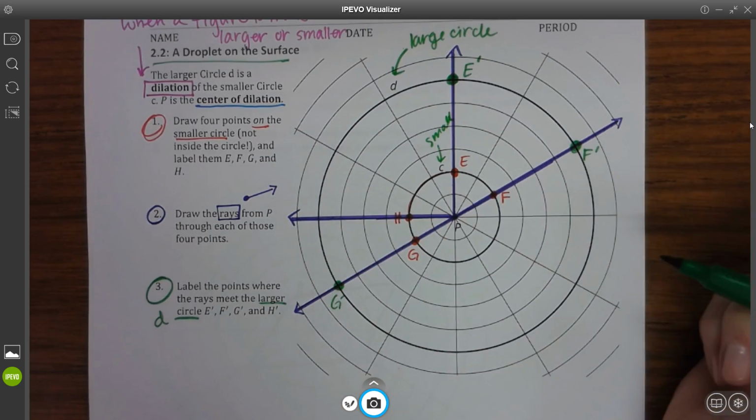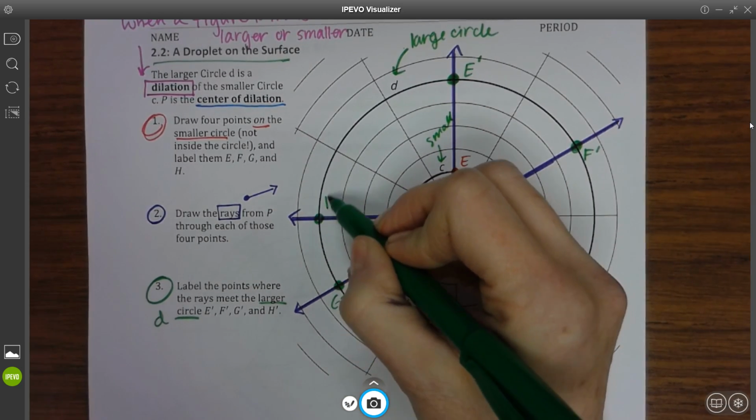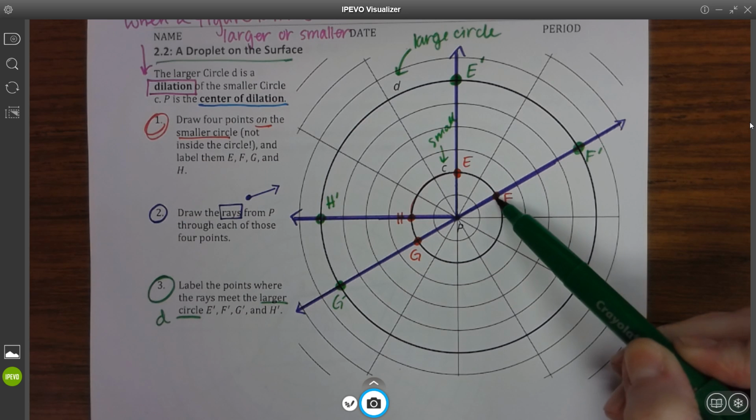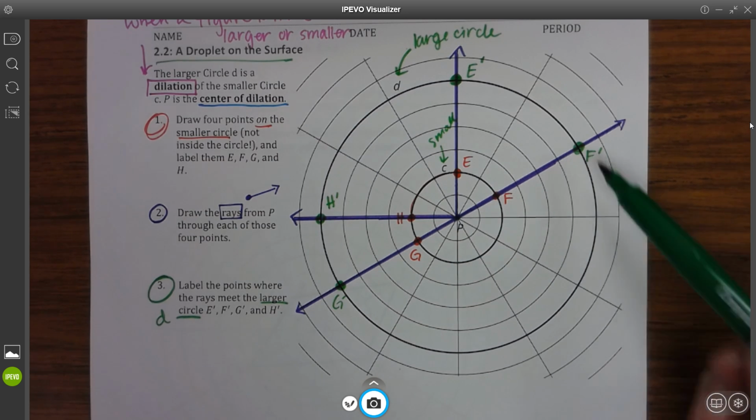G prime is right here, and H prime is right there. So we're dilating points. For example, point F dilated from this position out to this position.